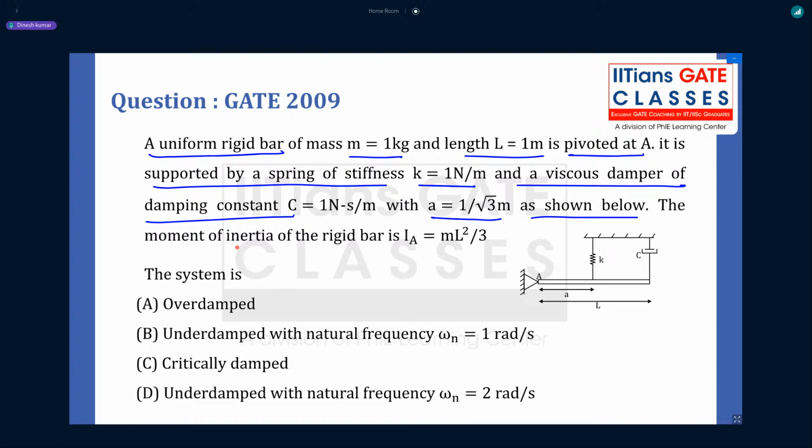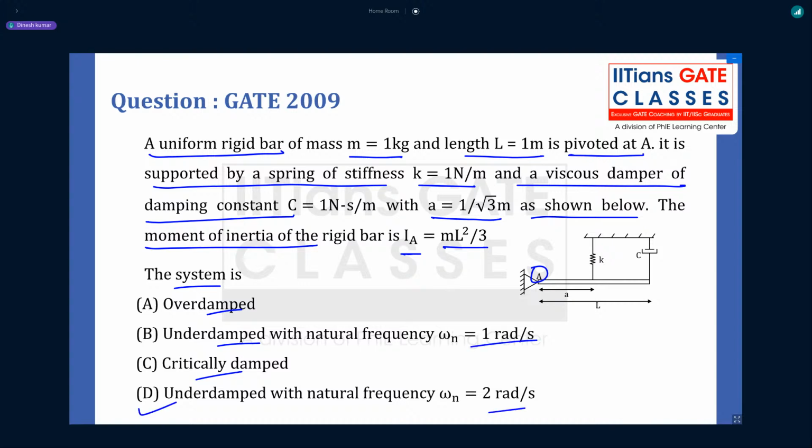The moment of inertia of the rigid bar about the pivot point is Ia equal to mL squared upon 3. They ask whether the system is overdamped, underdamped, critically damped, or undamped, with these options given.